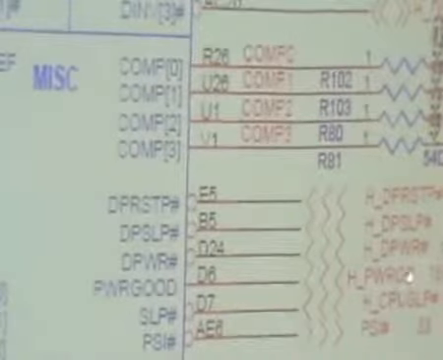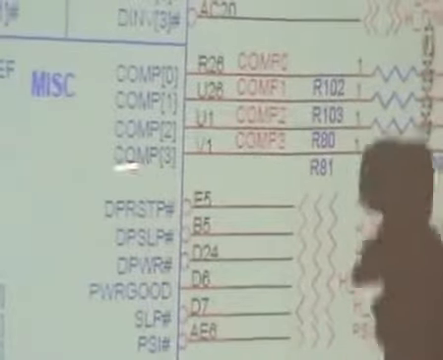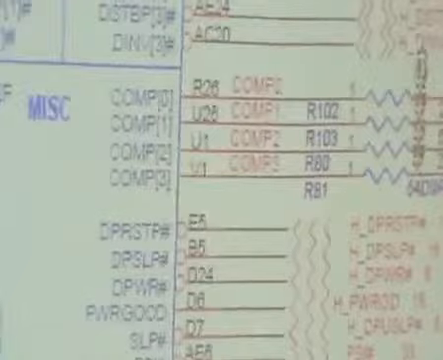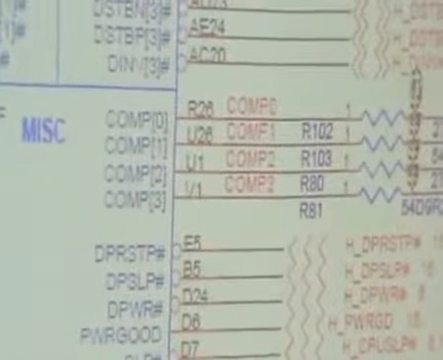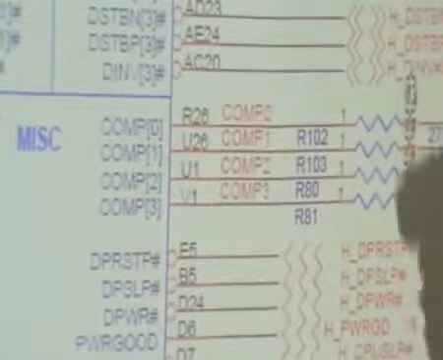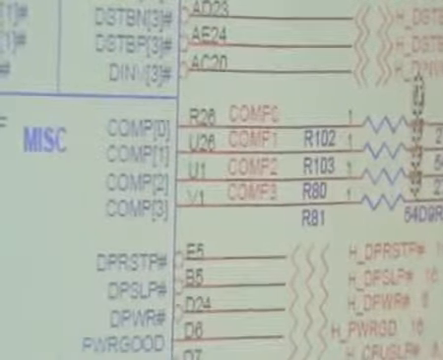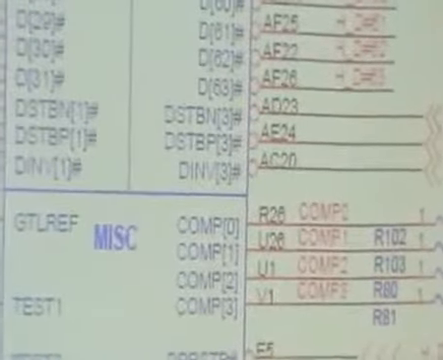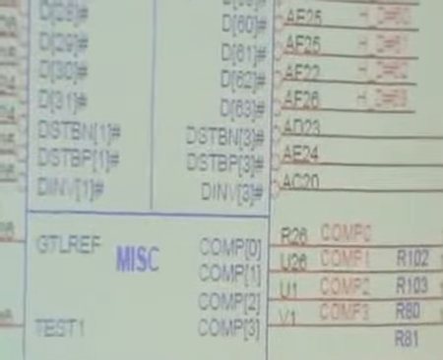You can measure voltage at this signal. 1.05 volts is there at H power good. You can measure this signal with a multimeter. We will cover the practical aspects in our next session, how to measure these signals. So there are two important signals, CPU underscore select 0 and the power good signal, H power good.